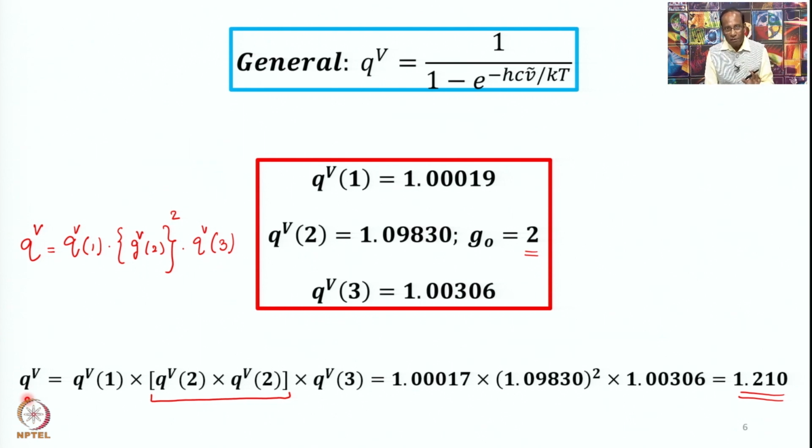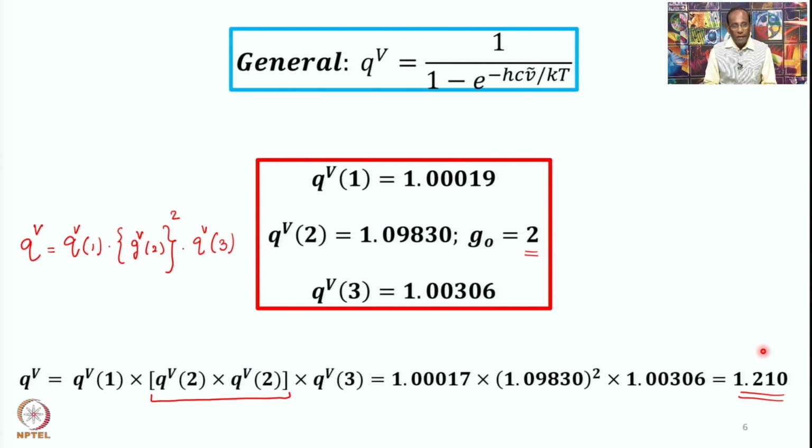I have repeated it many times: since the experimental temperature, 298 Kelvin in this case, is lower than the vibrational temperature for each normal mode, you do not expect the overall number to be much different than 1. In this case, it is 1.2.